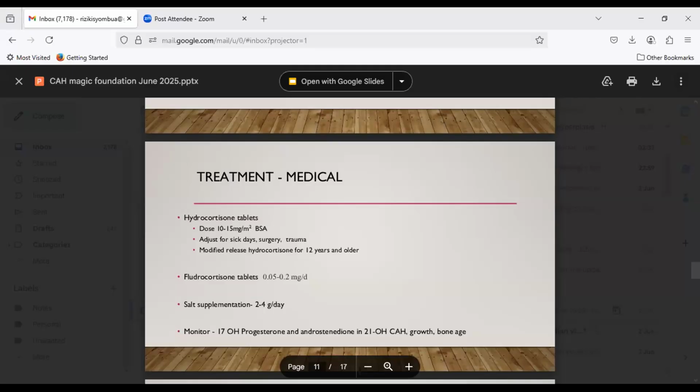So hydrocortisone is 10 to 15 milligrams per meter squared body surface area, and we adjust for growth. We usually give half the dose in the morning, a quarter in the afternoon, and a quarter in the evening.